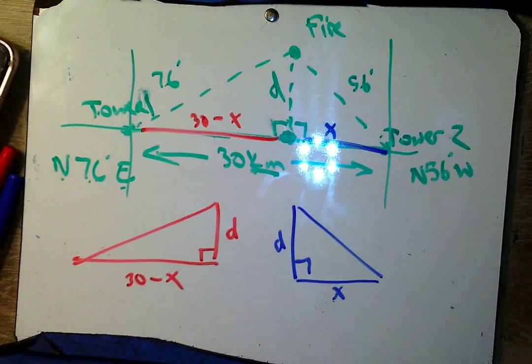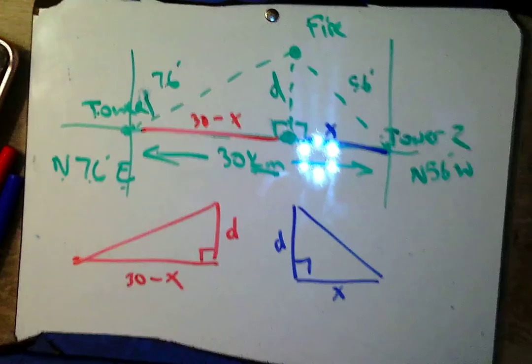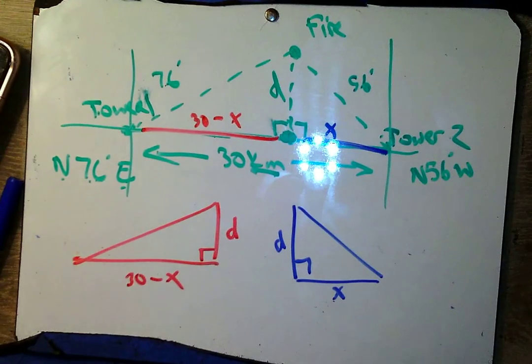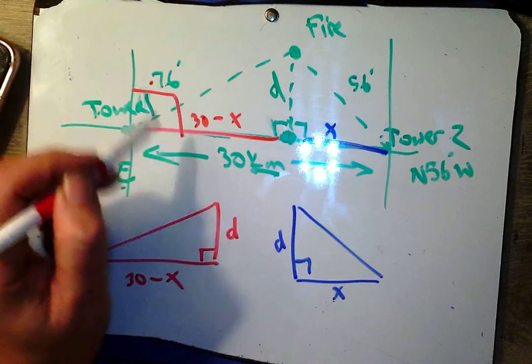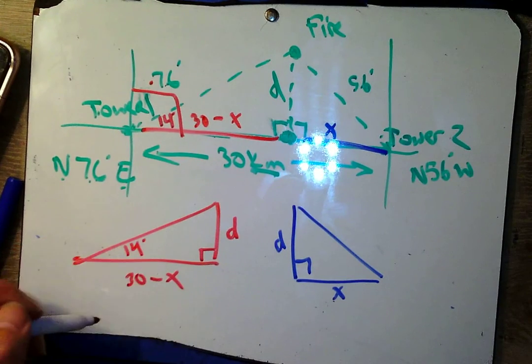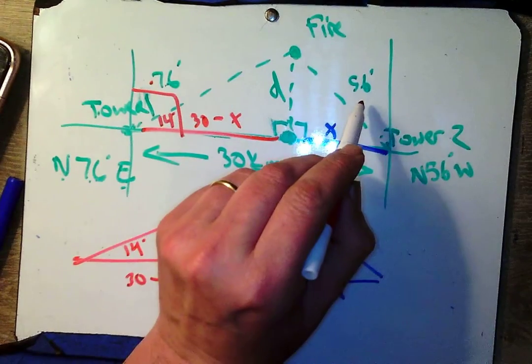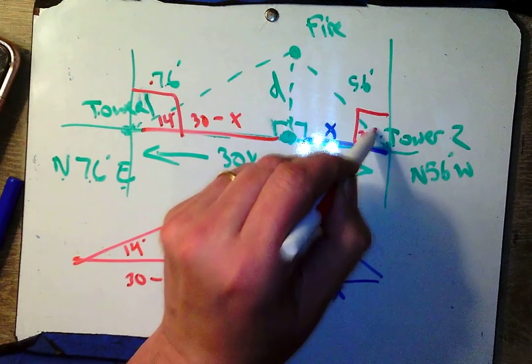Do I have enough information? Not yet, because I haven't used the bearing angles. So, if this is a right angle, and that's 76 degrees, that means I have 14 degrees here. So this is 14. And that's 56 degrees, and there's a right angle. So that must be 34 degrees.